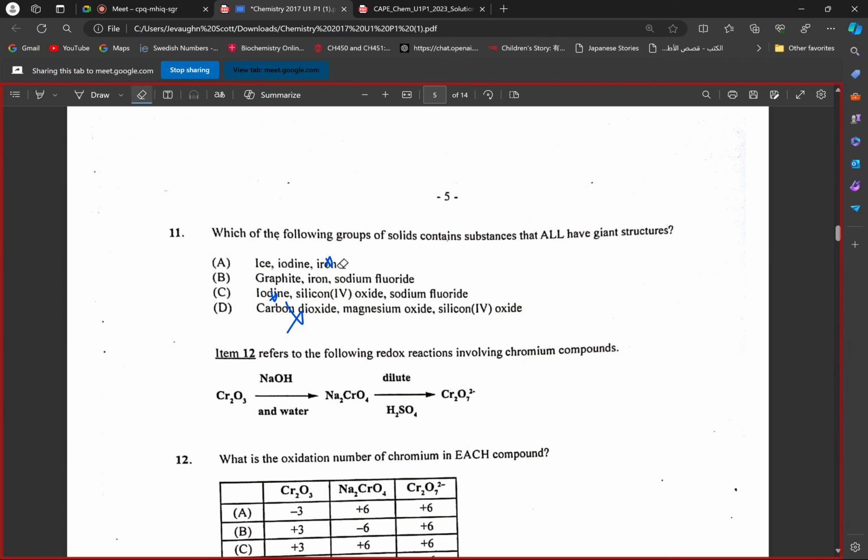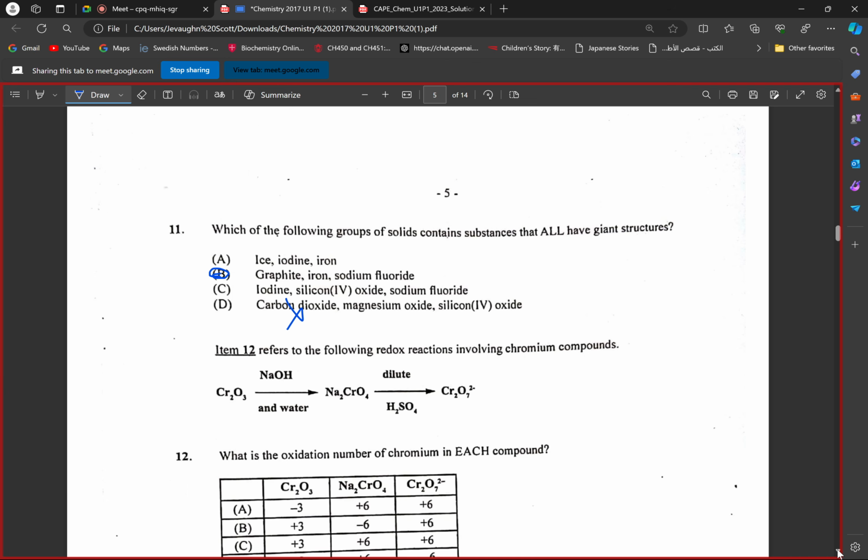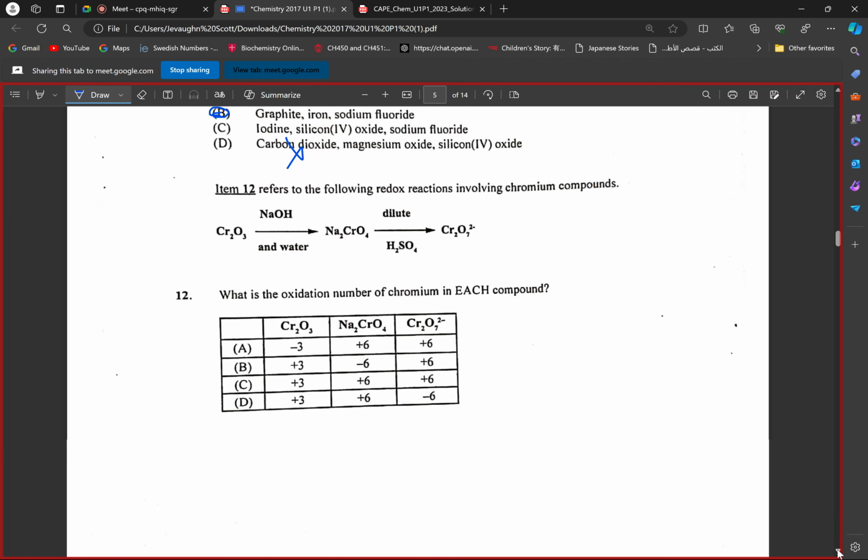Would it be C? Could it be C? Hmm. Should the answer be B? Because iodine is simple molecular, remember? Iron would be a giant structure because of metallic structure, right? But iodine is simple molecular, so I need to make sure that we know that.